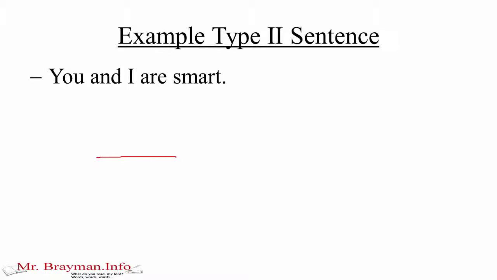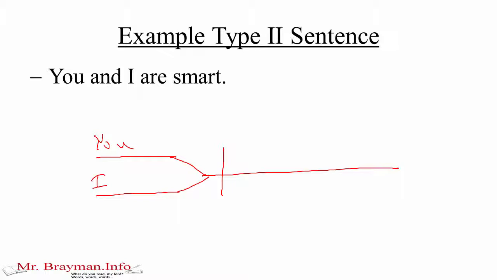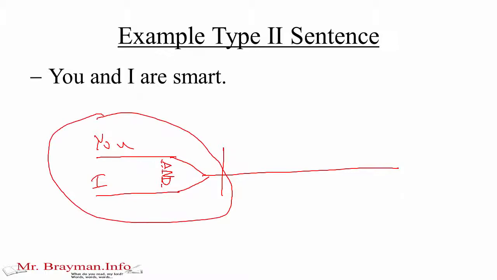We actually do this to create compounds. Right, so we have you, I, and these are joined together by this. This would be very hard for me to draw. And right, so we have here this compound subject here, and then we have our predicate, are, and then smart. There we go. So that's how we handle compound subjects. And we'll look at other compounds as we go through this series.